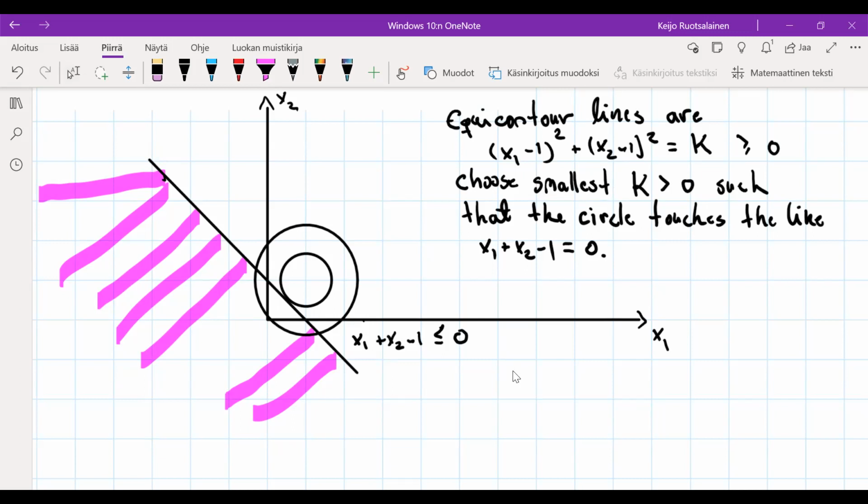At the minimum point, I put here the coordinates, for example, Z1 and Z2. The gradient of our cost function, what is the direction?